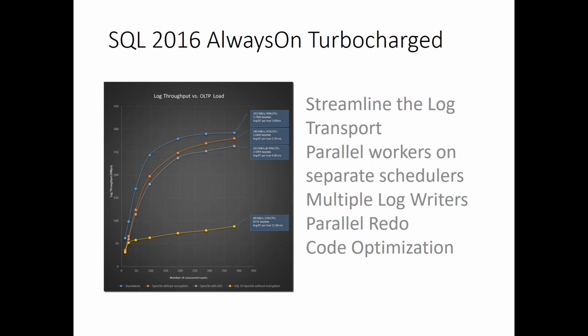Because of that optimization, our time to send and the overall process runtime has reduced a lot. Based on these changes, we see a lot of performance benefits out of the Always On 2016 availability groups.